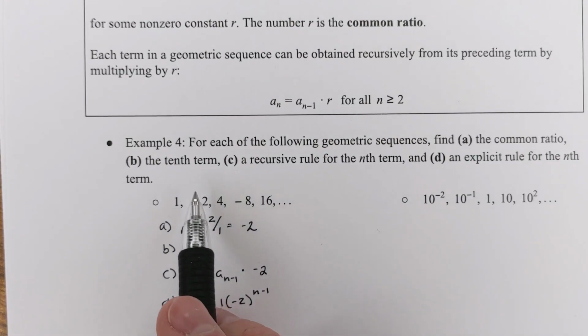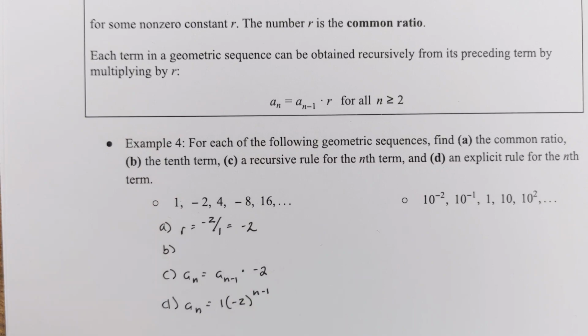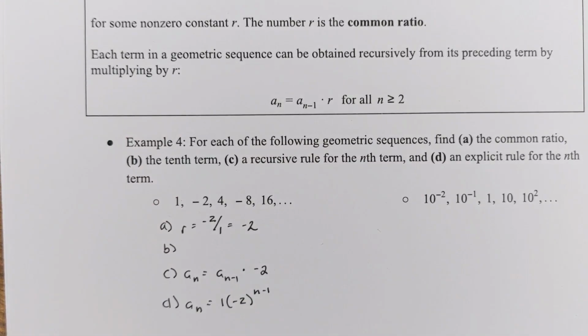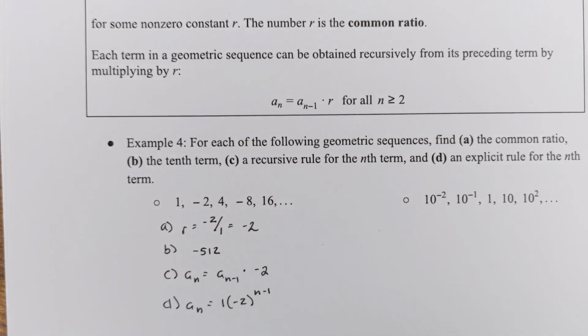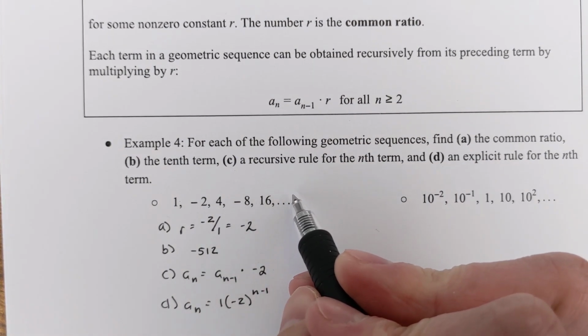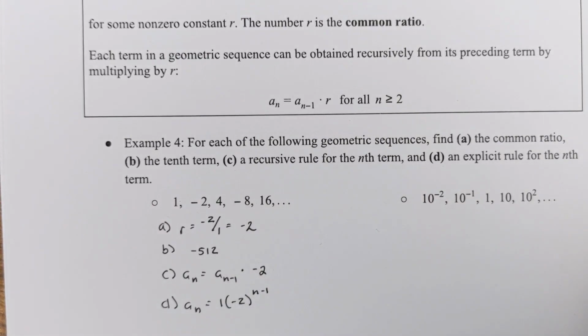So if I want the 10th term, that means it's going to be 1 times -2 to the 9th, which is the same thing as -2 to the 9th. So that is -512. Now you could brute force that. You could just, next term is -32, then positive 64, so on and so forth.